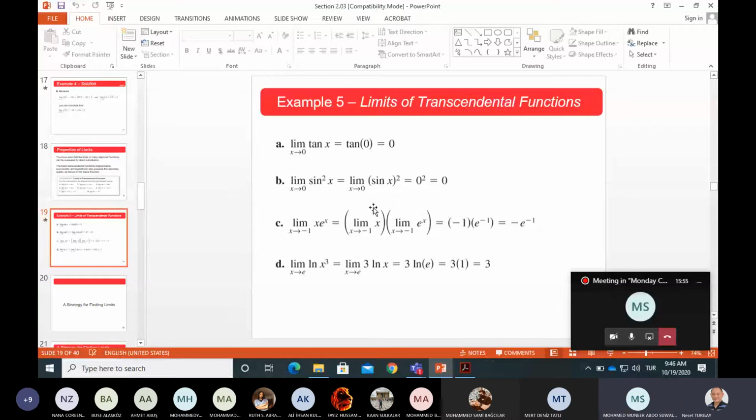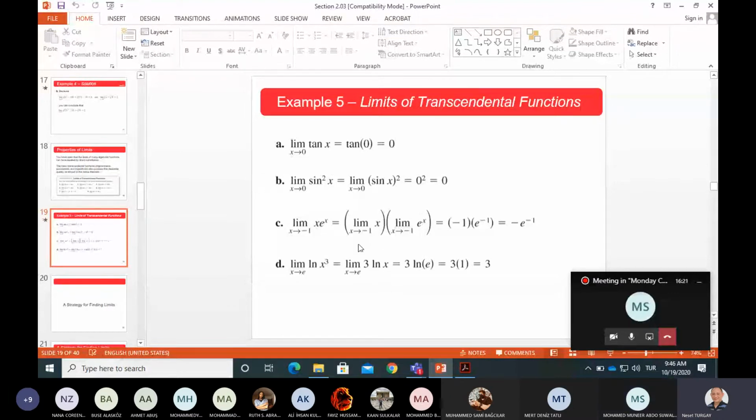And we know that from the properties of limits, this is equal to what? Firstly, what is the limit of sine x when x goes to 0? Sine 0, we learned that it's 0, right? And 0 squared is 0. Are you okay with this? Here, we have two functions, f and g.